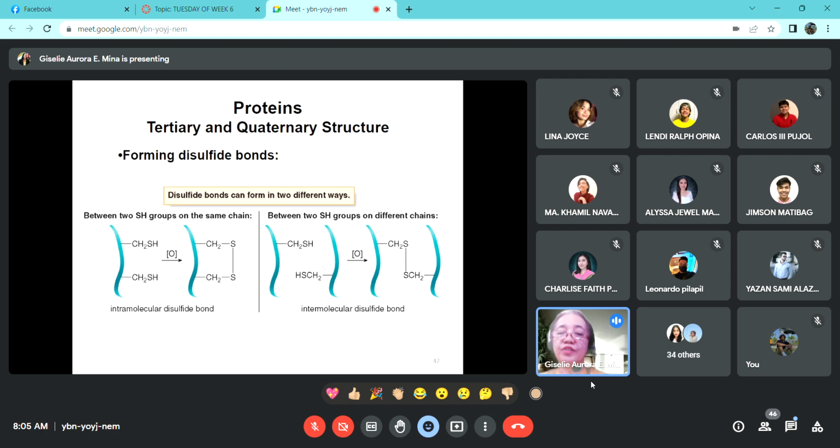So when your cell is being oxidized, it can be prevented by forming the disulfide linkage so that your protein molecule will not have an immediate disruption of the structure. Okay, that is one of the main functions of cysteine. They protect the structure of your protein molecule, which is important, especially if the protein is an enzyme.